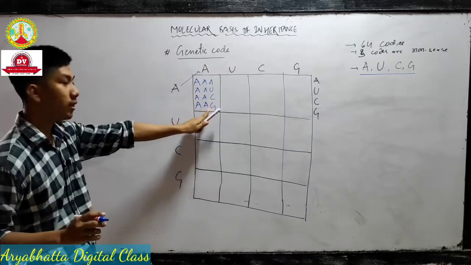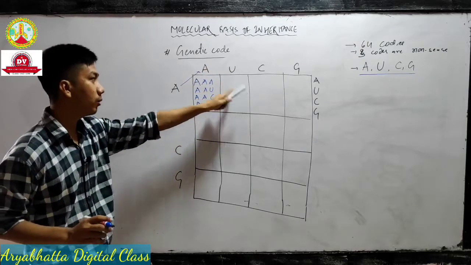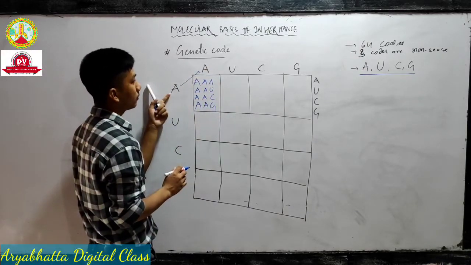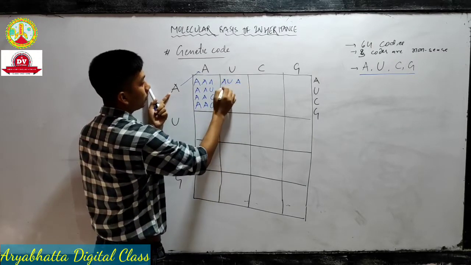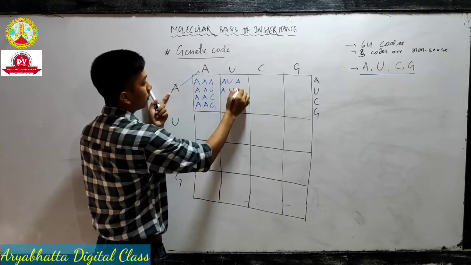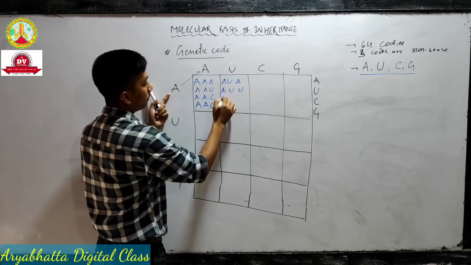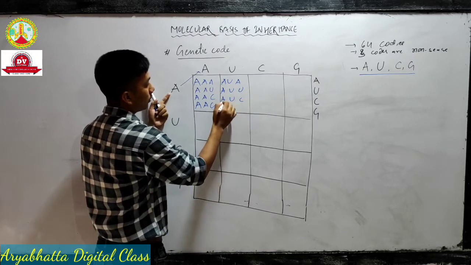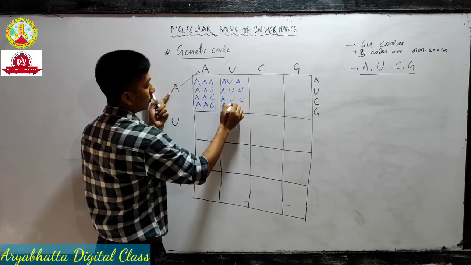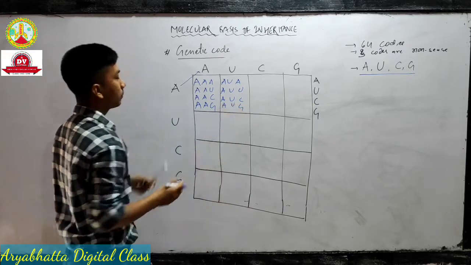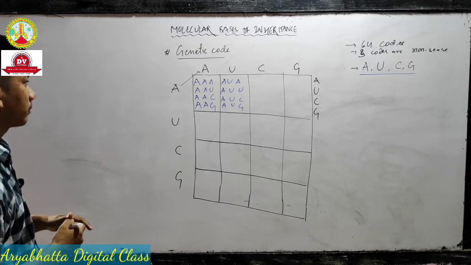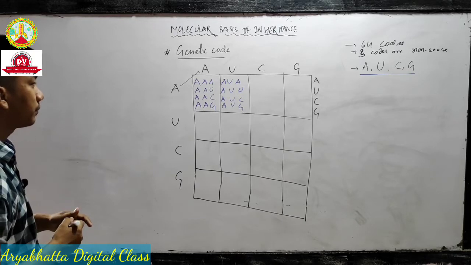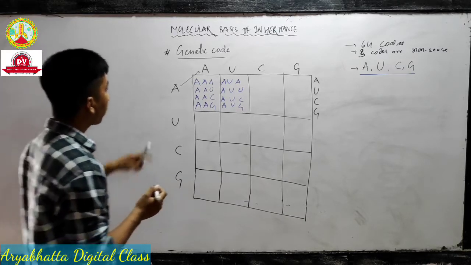This work is done in this box. Coming to this U, we do A, U, C, U, G. So like that.